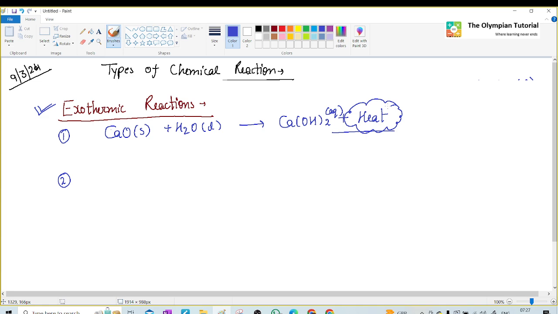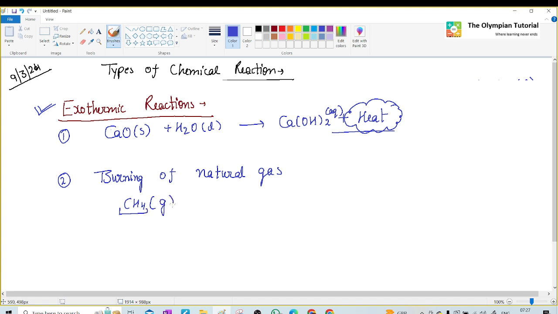Next example is burning of natural gas. Natural gas is methane. The formula of methane you have to learn, Thania, that is CH4.